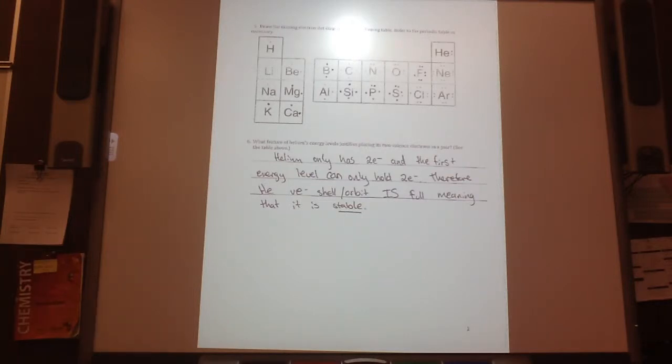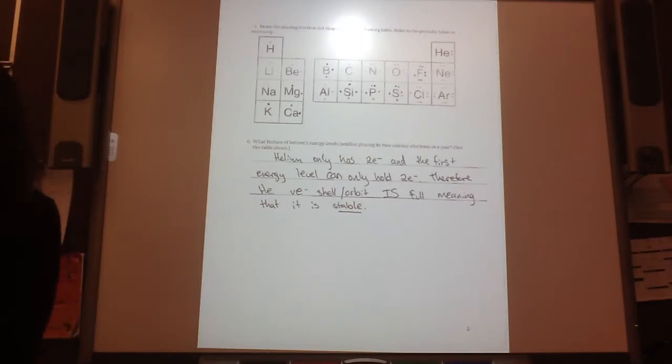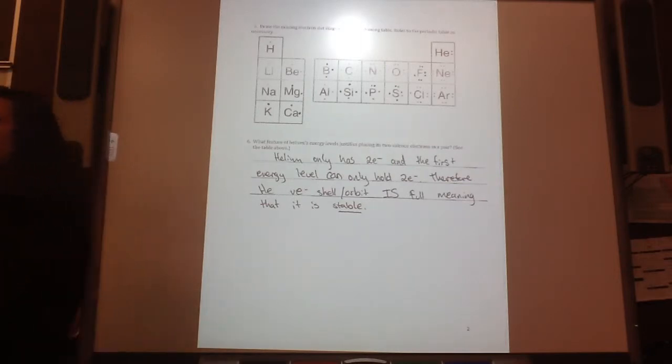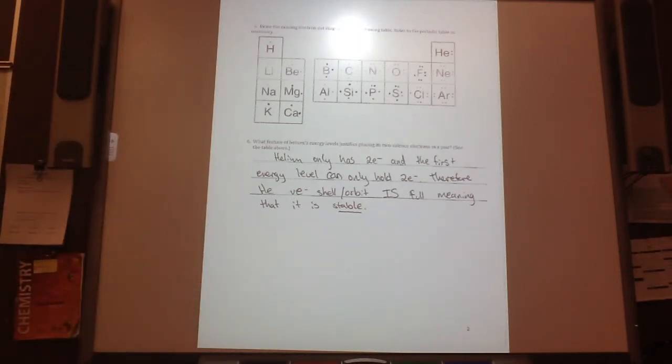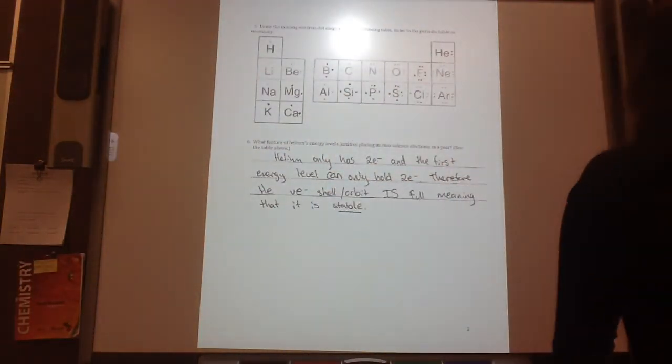So that's why I compare them together. The really important thing that you need to have in your answer is that helium is stable. It's stable, its valence shell is full. That's the really important thing. So that's why we draw them in a pair, a lone pair.